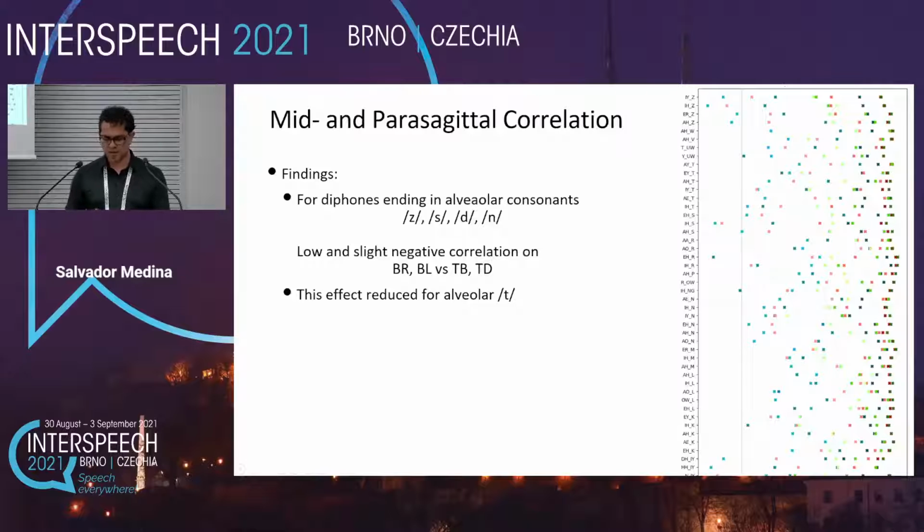Looking at the top of the chart, which I couldn't fit in the full slide, we found that the diphones that end in alveolar consonants such as z, s, and n had a really low, even negative correlation of these two lateral sensors on the tongue with respect to the tongue blade and tongue dorsum. However, for the alveolar t, that didn't happen. Most of the light ones are over here.